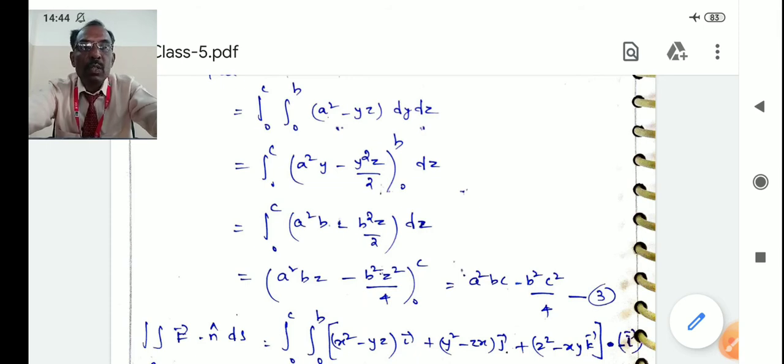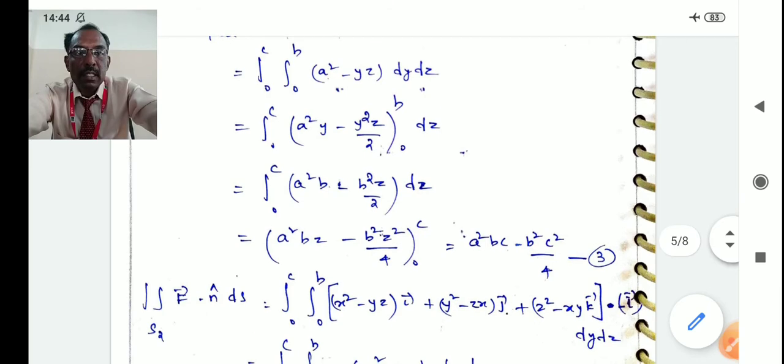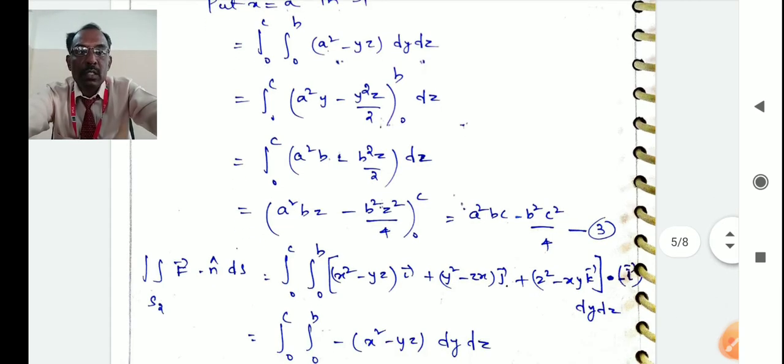Integration of this with respect to z, we get a squared b z minus b squared z squared by 2 into 2. Integration of z is z squared by 2, and z by 2 is already there, so z squared divided by 4. Here put z equal to c, we get a squared bc minus b squared c squared by 4, which is equation number 3. This is the double integral over S1 result.